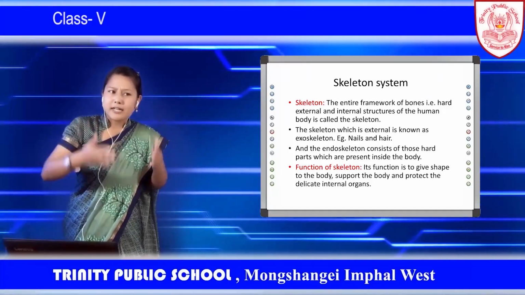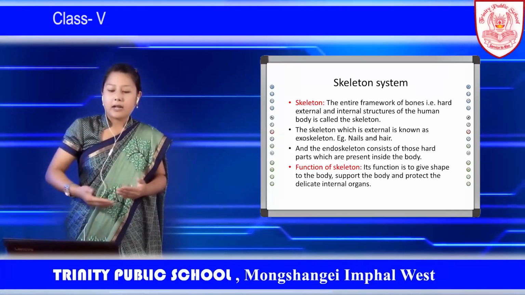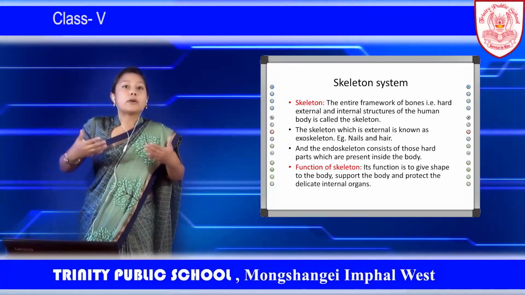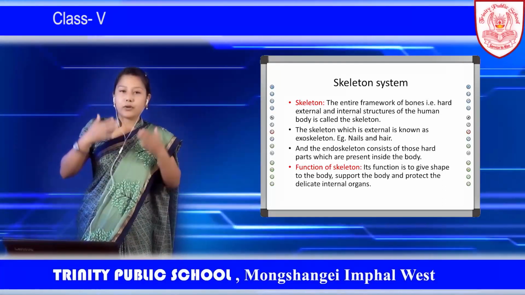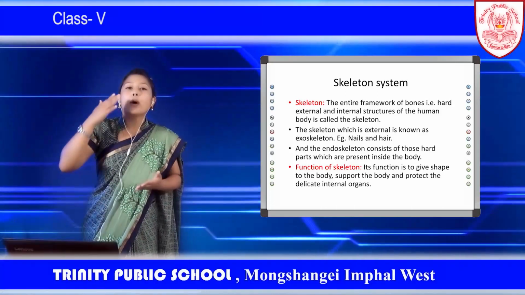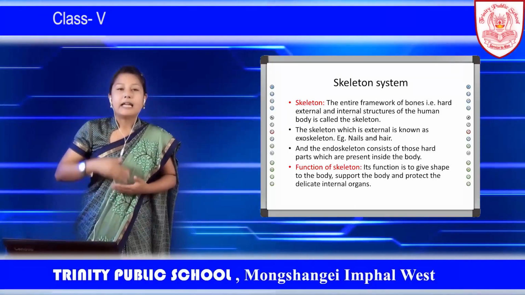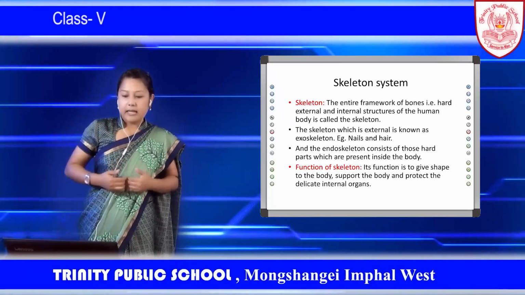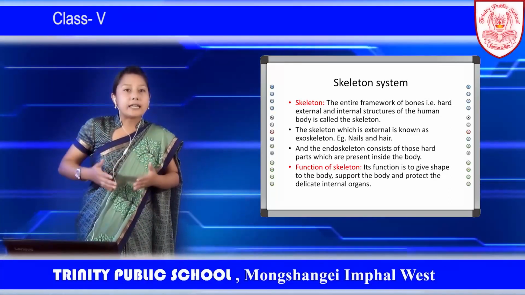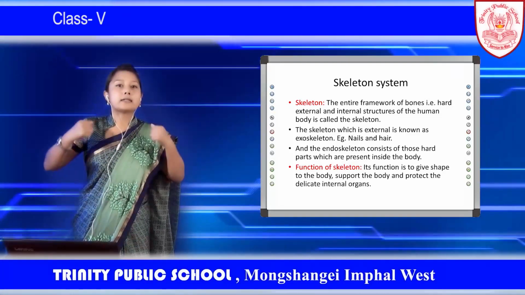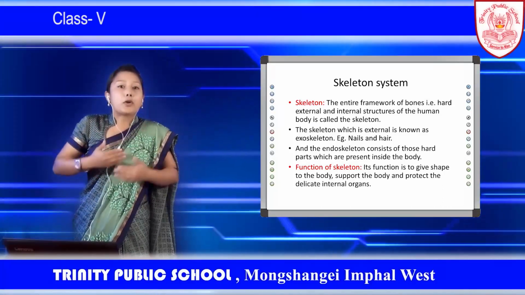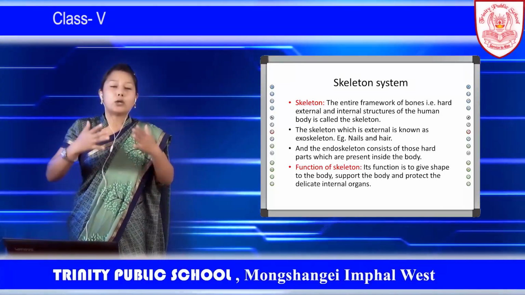Just like your hanger, our skeleton system also acts like a hanger. So if a question asks you what is the function of a skeleton, then you should answer like this. Its function is to give shape to the body, support the body, and to protect the delicate internal organs.